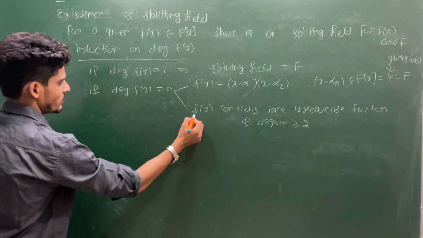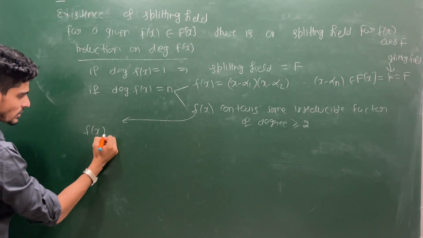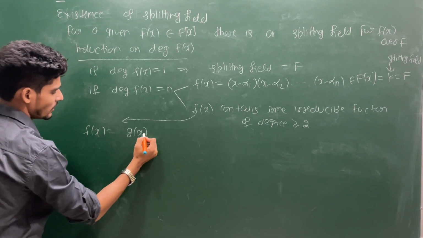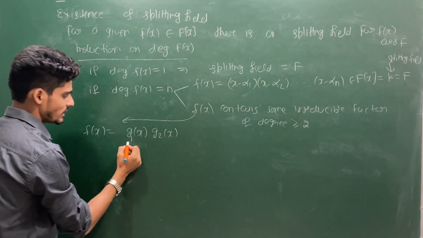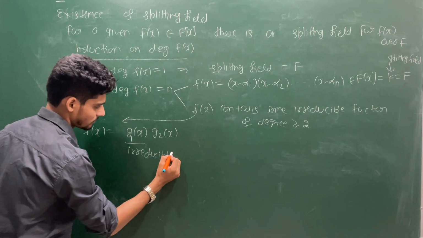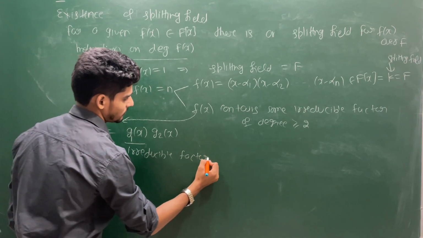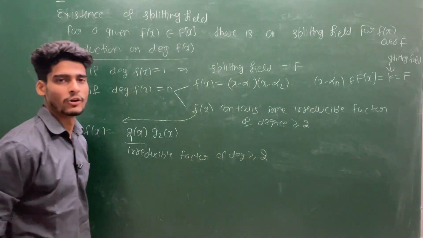So in this situation, suppose f(x) can be factorized as g1(x) and g2(x), and you say this g1 is an irreducible factor of degree bigger than or equal to 2.